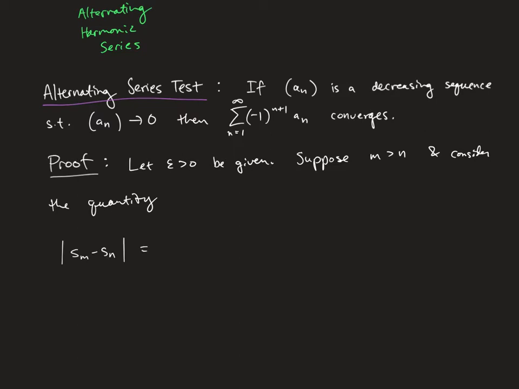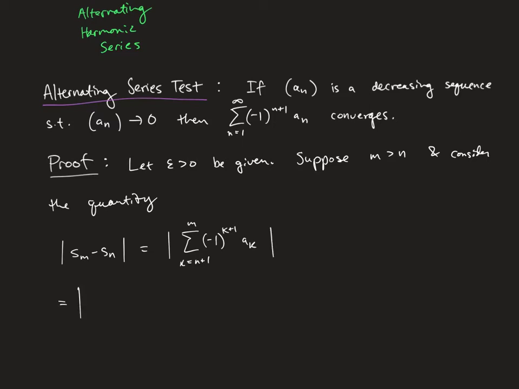That's just the absolute value of the sum from k equals n plus 1 to m of (-1)^(k+1) a_k.